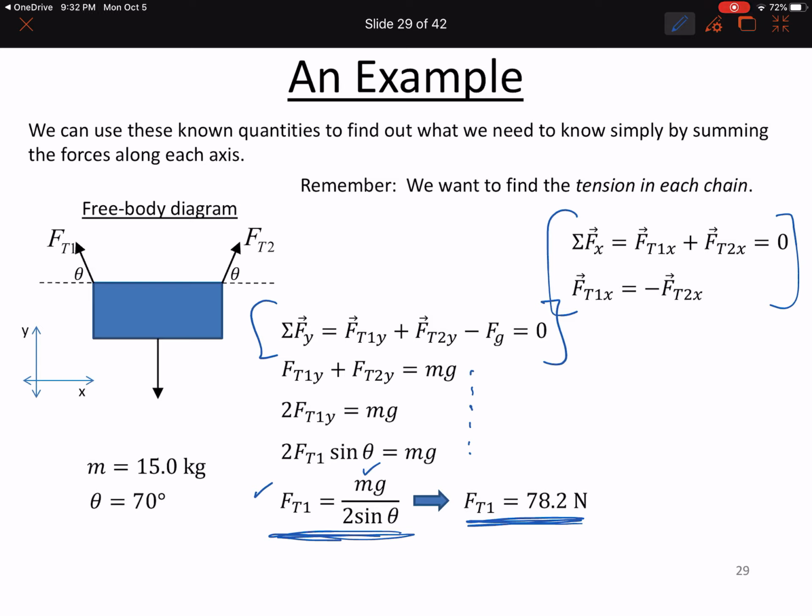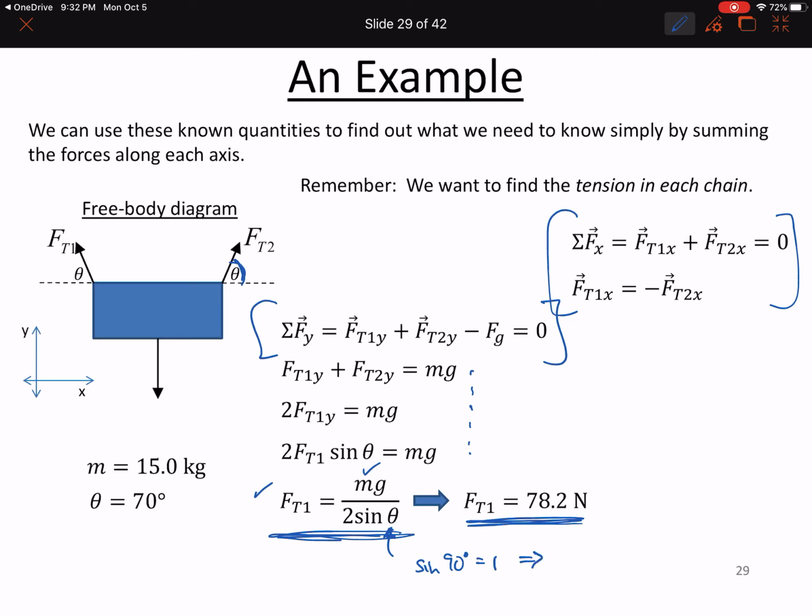But then let's take a look at this. Remember that this theta is the angle between the horizontal and where the tension is. So as that goes to 90 degrees, well, sine of 90 degrees equals 1.